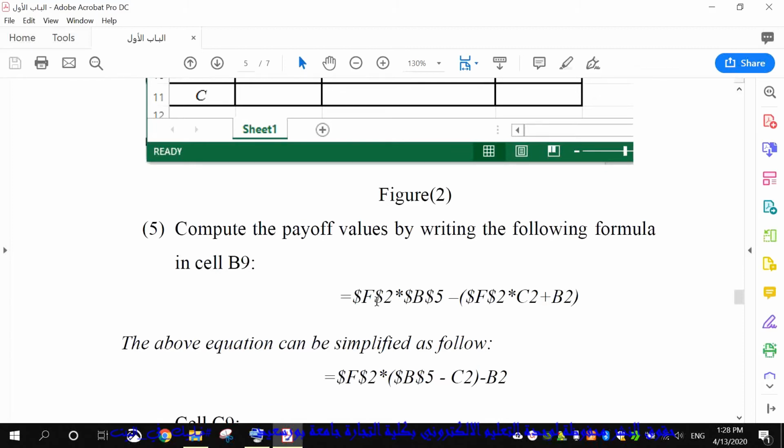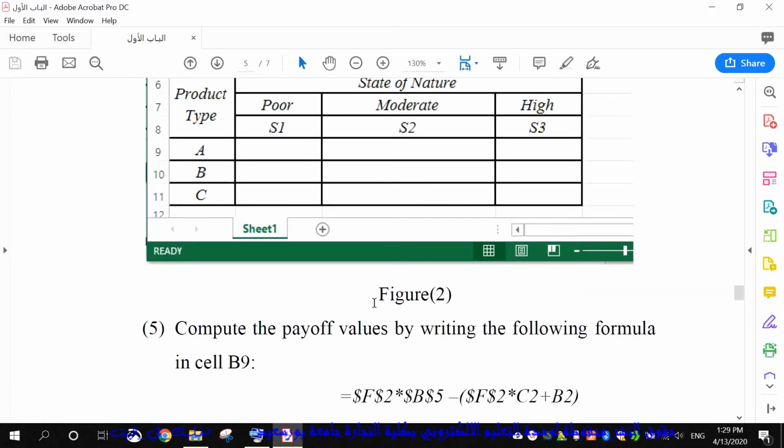Remember, the sales or revenue will equal the sales price for each unit written in B5, multiplied by the number of units produced, the demand in case of poor, written in cell F2.